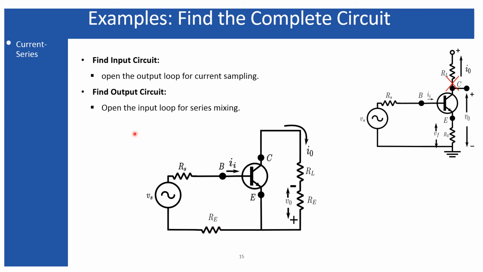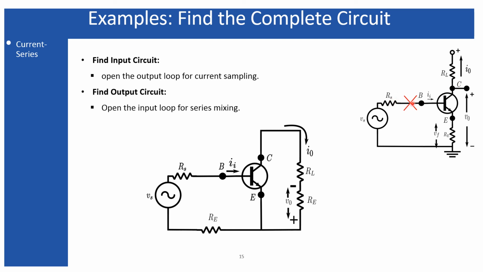Next, you have to find the output circuit. We know the rule: open the input loop for series mixing. Now here you have to make it open. So in both of these cases we have to make the input loop open.